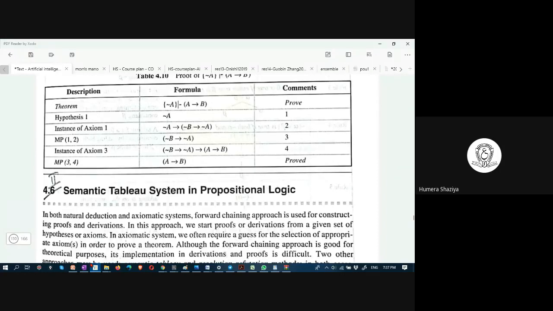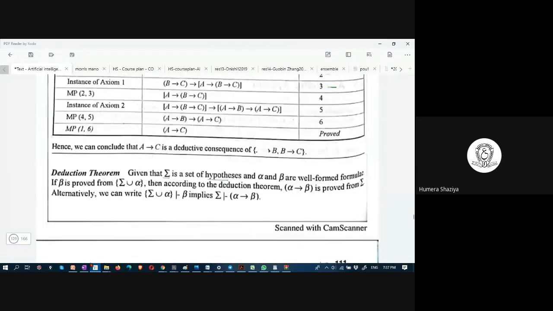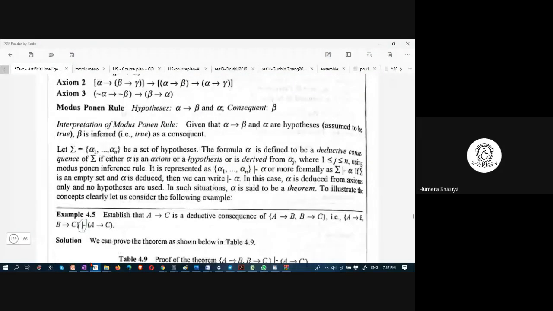Instance of axiom 3 is here: in place of A you are putting this, and this you are writing as axiom 3. What is axiom 3? It is not alpha implies not beta implies alpha implies beta.